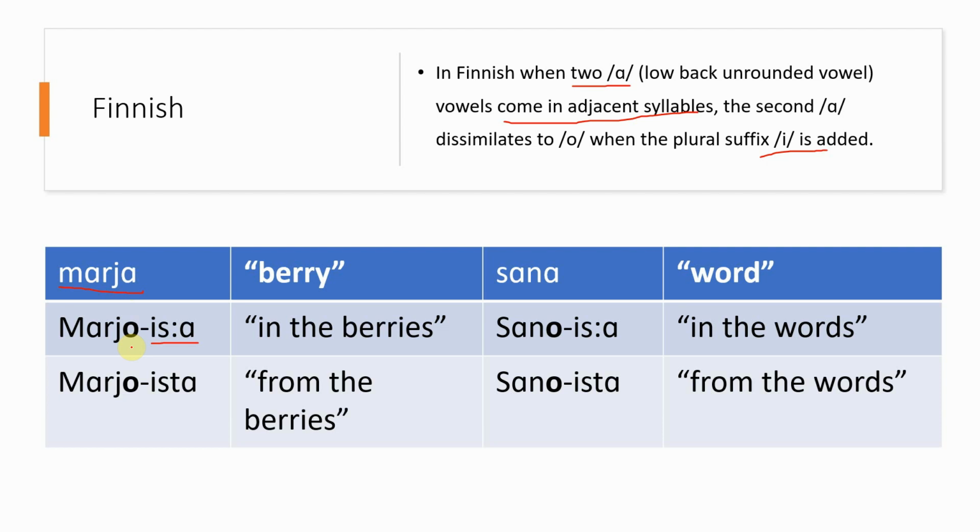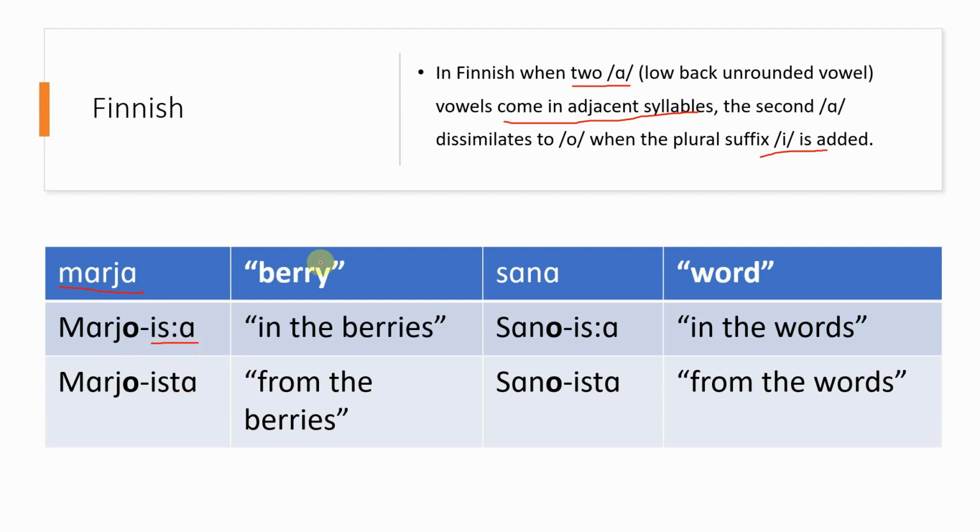It is not the kind of dissimilation we saw in English, where two sounds were just preceding and following each other. Here, the dissimilation has occurred in two adjacent syllables. So "marja" has become "marjoissa" when a suffix has been added.